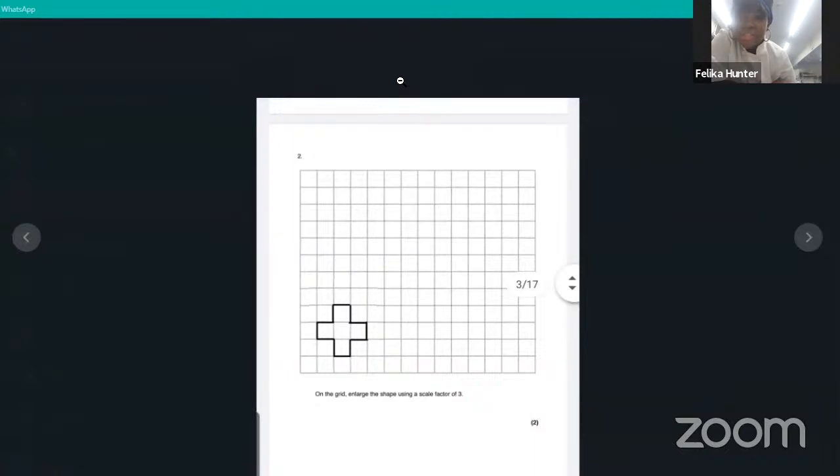So Marlon, why is it you decided to do the enlargement in the diagram? Miss, I didn't expect it to... Okay, what was the scale factor? Let me see. 3, Miss. 3, 1, 2, 3. See if you can bring your phone up so I can see both diagrams at the same time. Okay. So yeah, perfect.